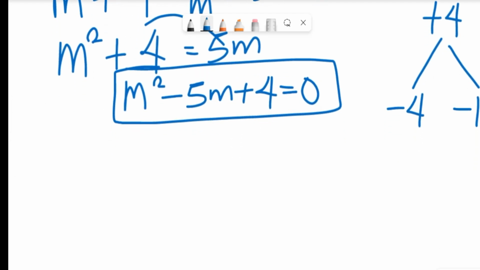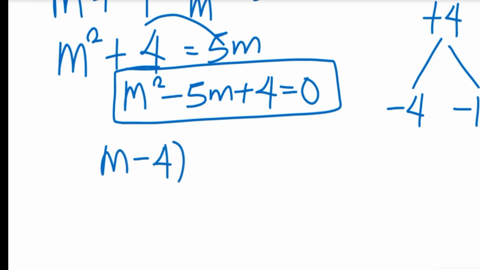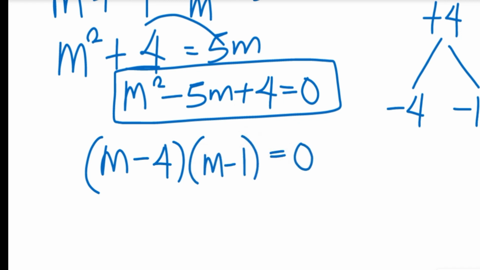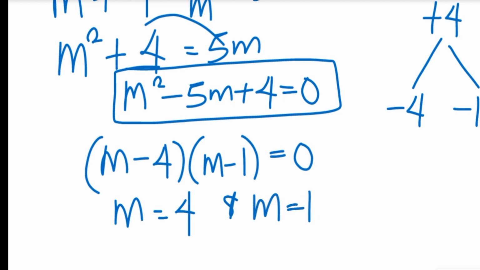So when we substitute, we have m minus 4 times m minus 1 equal to 0. So the factors give m equal to 4 and m equal to 1.